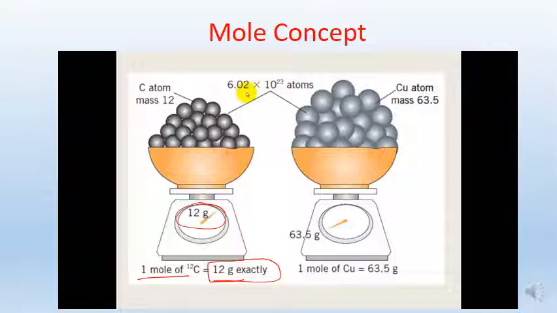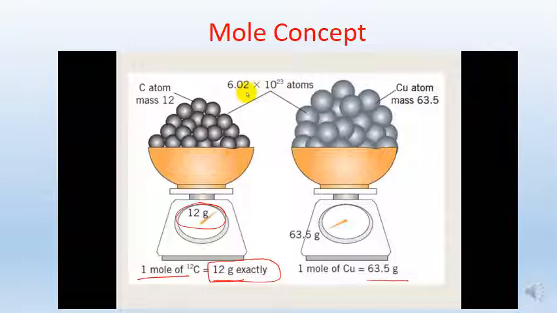And so what actually happens is, relative to carbon, we measure all the other elements and their masses. If you look at the periodic table, the atomic mass of copper is 63.5 grams per mole. So if you want 1 mole of copper, you should measure out 63.5 grams.